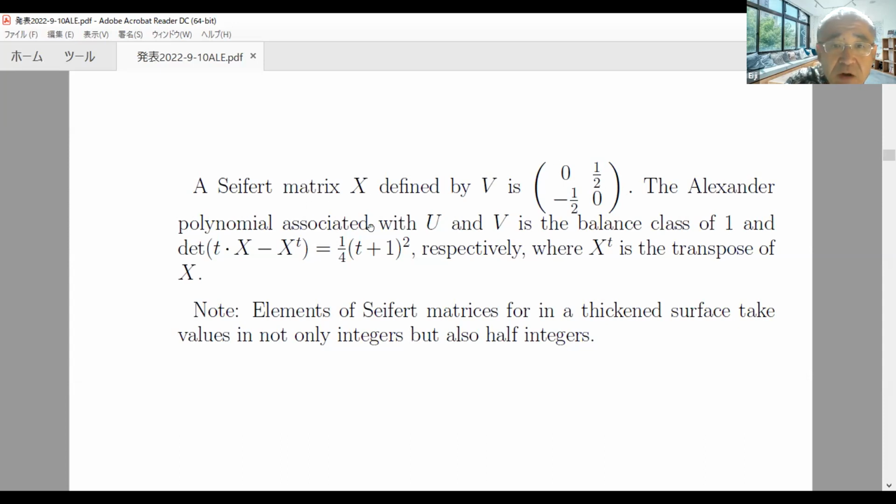The Alexander polynomial associated with U and V is the balance class of 1 and 1/4 times (t plus 1) squared, respectively. U is a disk, then 1. V is not a disk, then it's not 1. Note the elements of Seifert matrices are not only integers, but also half integers. This is a very new feature, I think.